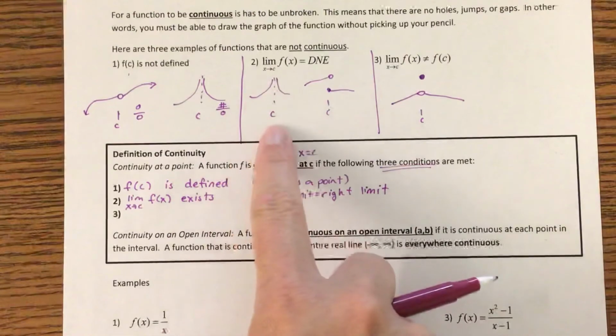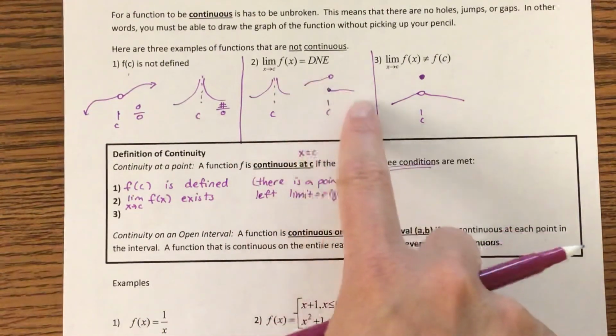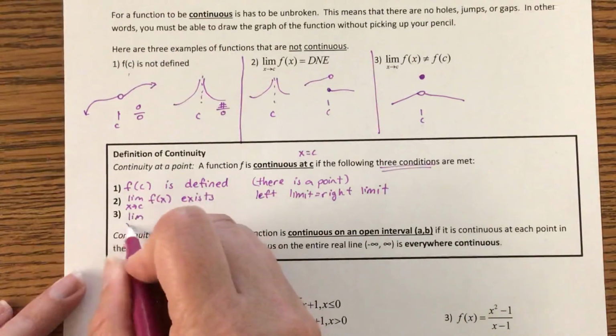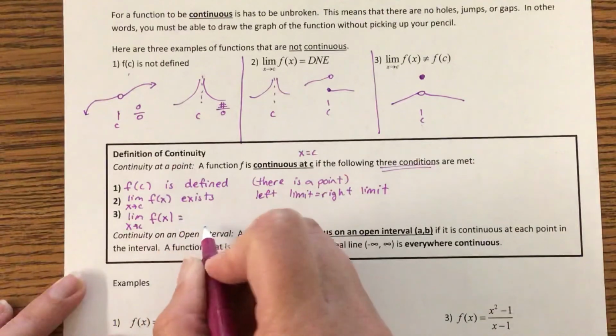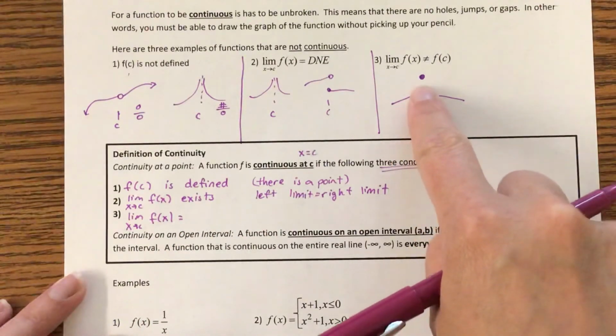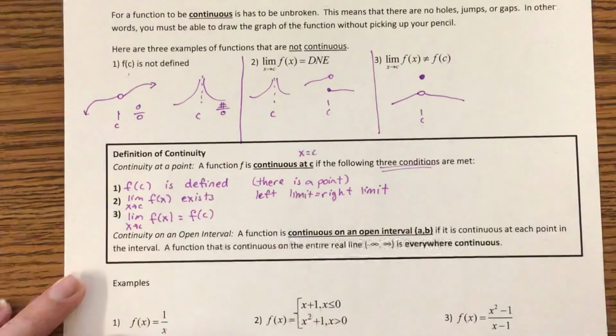The limit did not exist here because of the vertical asymptote, and over here the limit did not exist because the sides did not match up. Then number 3, the limit as x approaches c of f of x has to actually be filled in. We're allowed to have limits with holes, but this point would have to actually fill in the hole, so that would equal f of c.